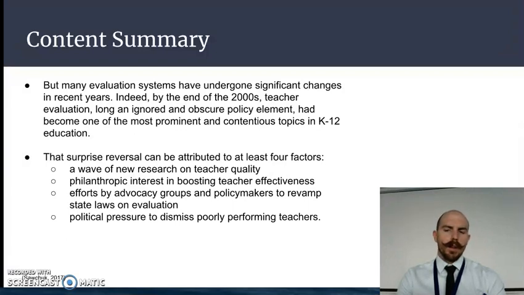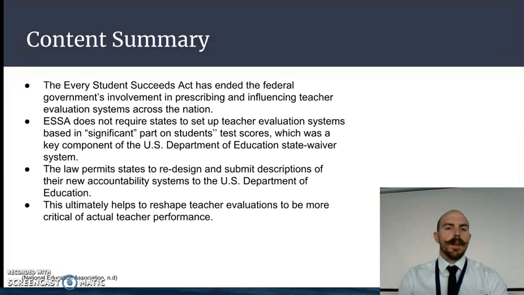There can be four factors that contribute to this, such as a wave of new research, philanthropic interest groups trying to boost teacher performance, advocacy groups and policymakers trying to revamp state laws, and then, of course, political pressure to dismiss poorly performing teachers, who might once have been held on to or moved around within the system.